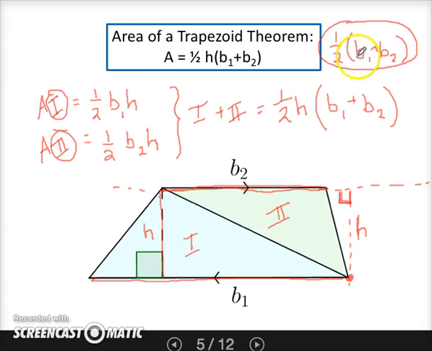If we were to average the length of base 1 and base 2, this would be the average between those two. So if we were to sort of think of this as a rectangle, we could sort of think of it as being the average base length times the height. If that's not helpful to you, just forget about it. It's one way that I use to help remember this formula.